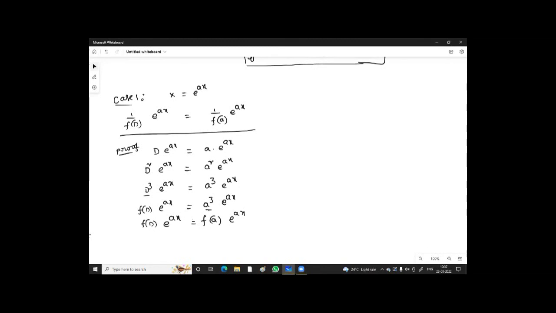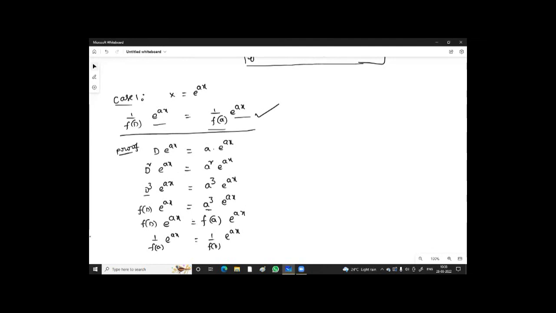Now bringing f of D to one side and f of a to the other, 1 over f of a e power ax is equal to 1 over f of D e power ax. So 1 over f of D operating on e power ax is equal to 1 over f of a into e power ax. That's it; this is the proof of case 1.